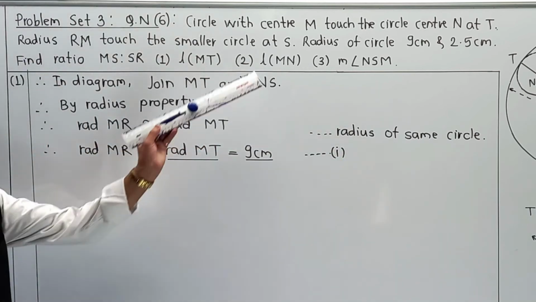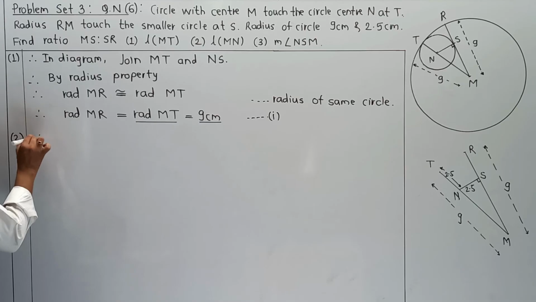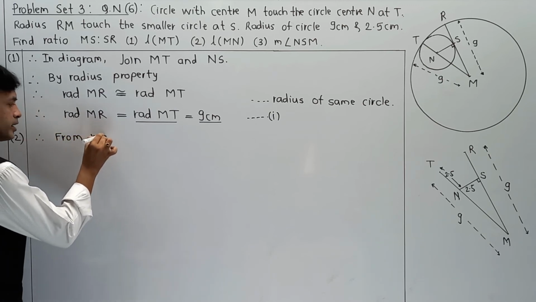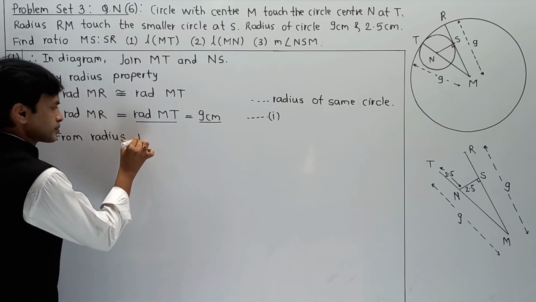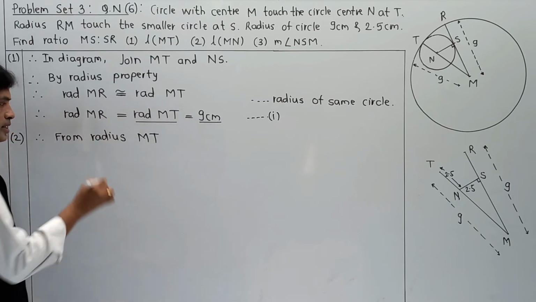Now second part, you have to calculate length MN. Length MN is a part of MNT, which is a straight line. Recently we have calculated radius MT as 9 centimeter.